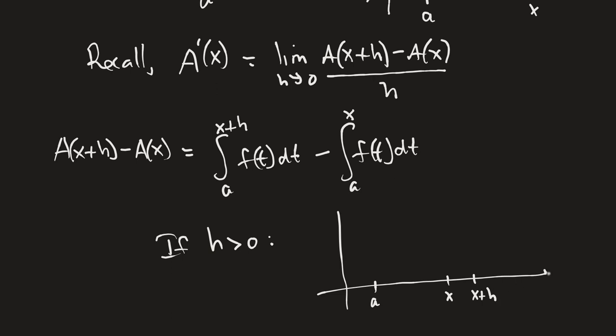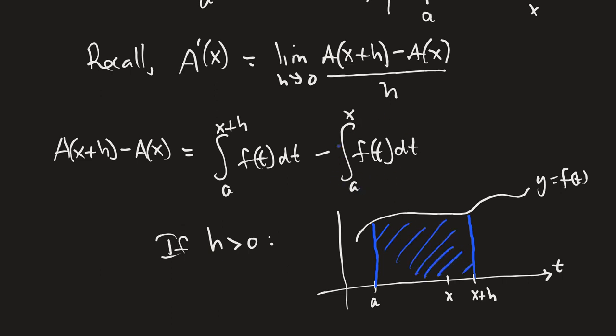So it would look like that. And again, remember, that's our t-axis. This is our function. So A of x plus h gives the area under this function from a up to x plus h, right? So it gives this.